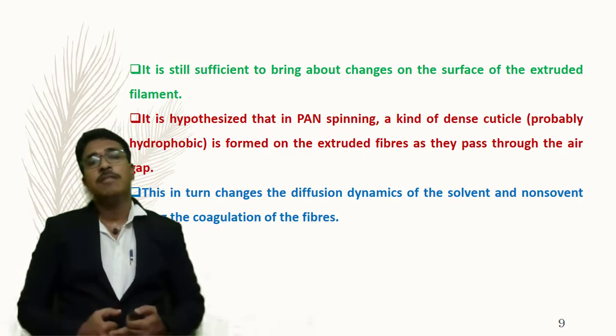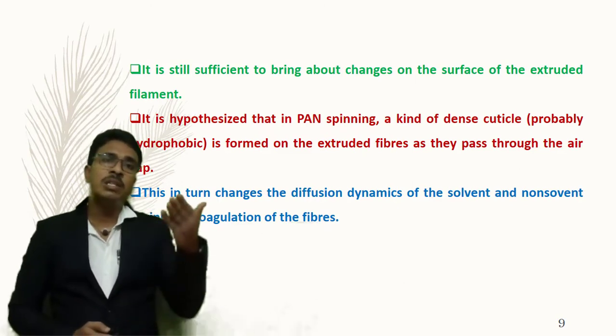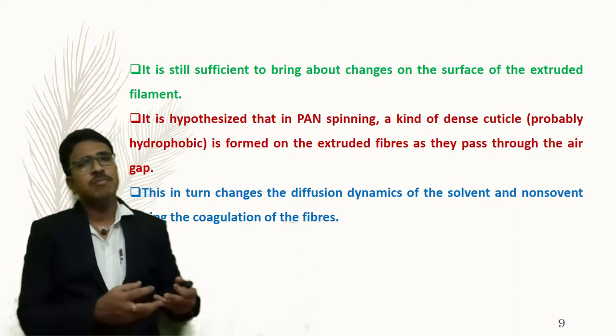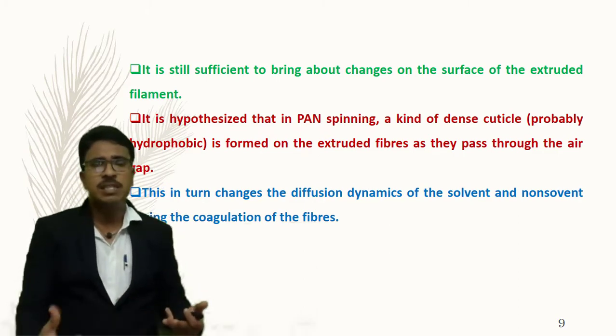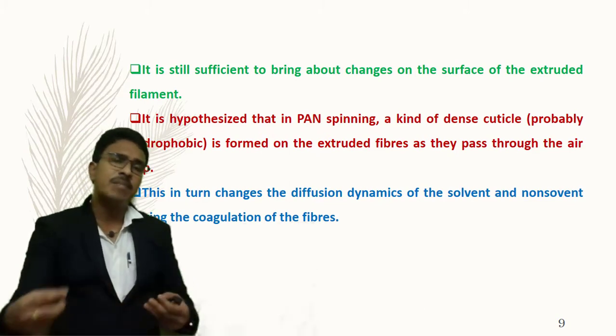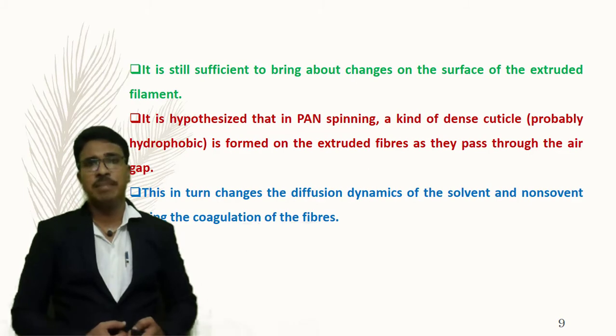That means, for example, if you are producing the acrylic fibers through the wet spinning process, the filaments are produced with the spinneret kept inside the coagulation bath, so filaments are directly subjected to the coagulation chemicals.